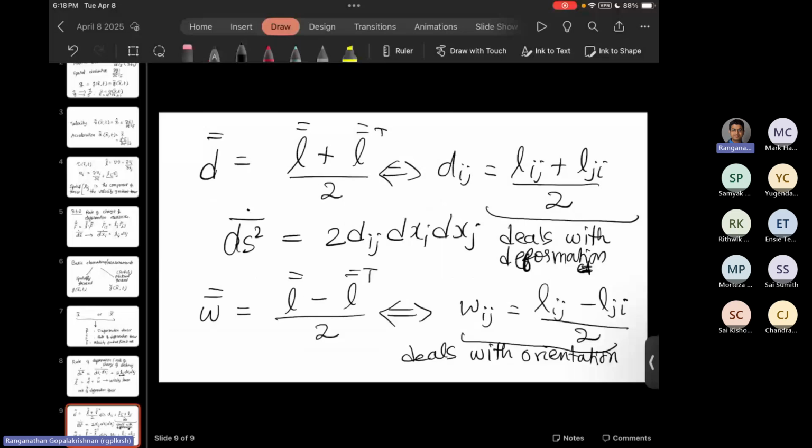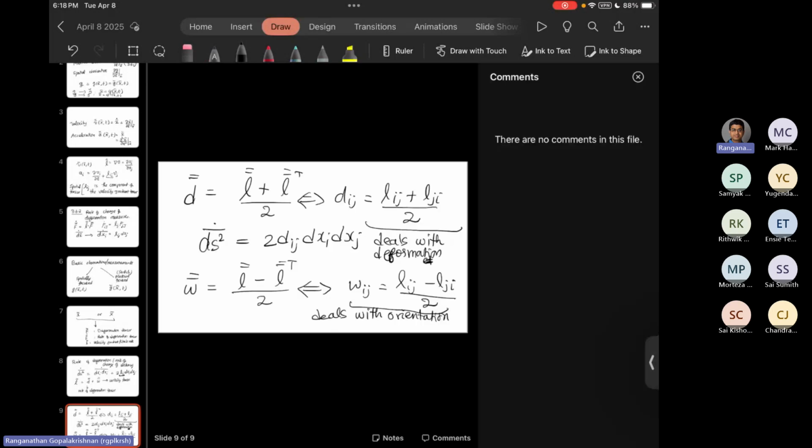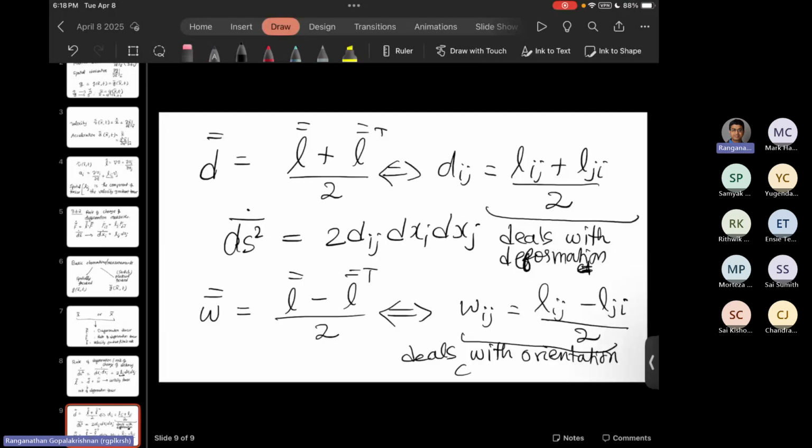If it is purely rotating, it will have a non-zero vorticity, but a zero deformation tensor, or symmetric part. Okay, this is up to where we came last lecture, or maybe we did a little bit more, but effectively in terms of topics, this is what we have covered so far. Any questions before we move on?